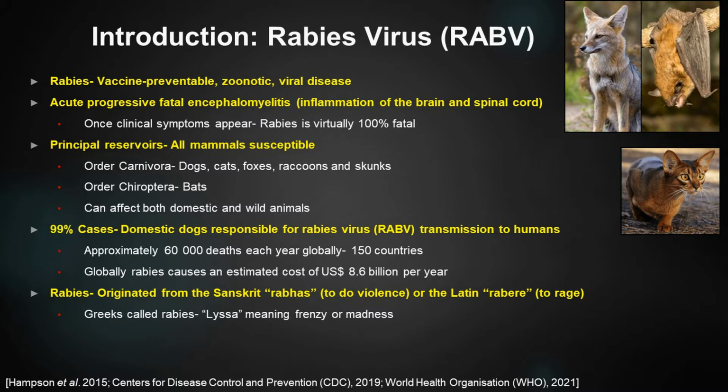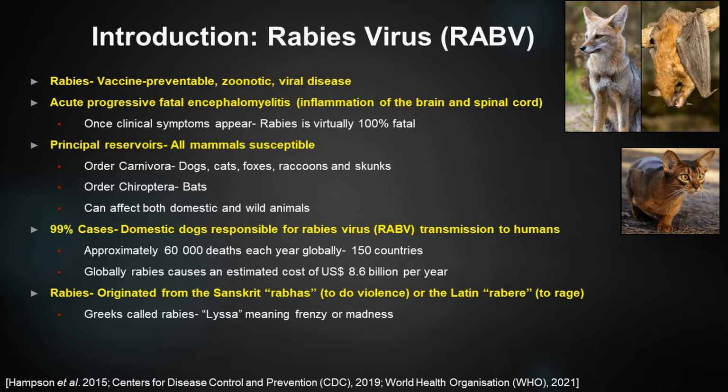All mammals are susceptible to rabies, and the principal reservoirs of this virus are of the order Carnivora, which are dogs, cats, foxes, raccoons, and skunks, the order Chiroptera, which consists of bats, and other reservoirs include domestic and wild animals. In 99% of cases, domestic dogs are responsible for rabies virus transmission to humans.